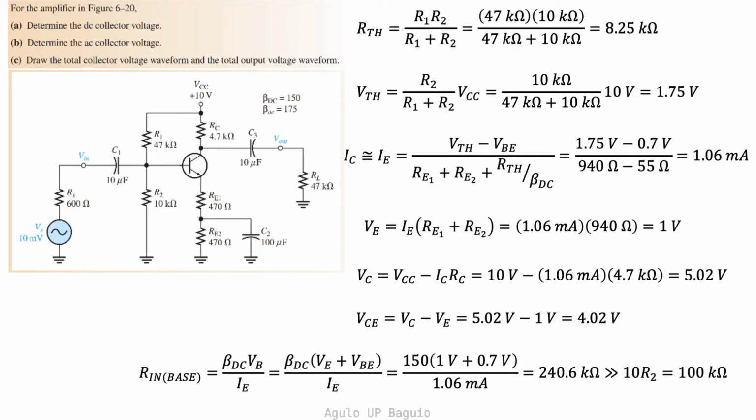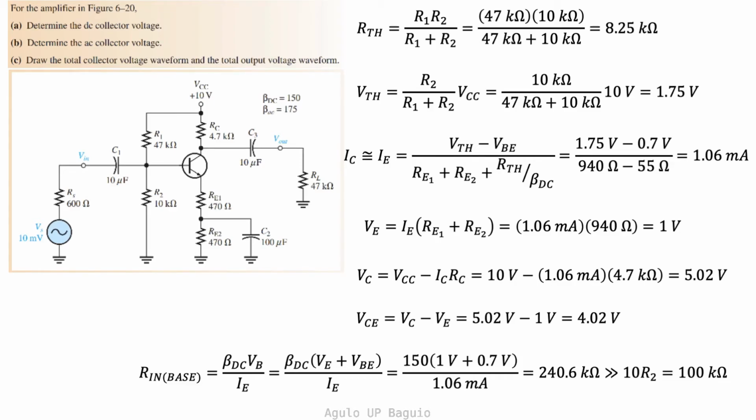We first solve for the Thevenin resistance. And using the equation, we get 8.25 kilo ohms. We then solve for the Thevenin voltage and we get 1.75 volts. The emitter current is obtained using this expression and is equal to 1.06 milliamperes. Since the emitter current and the collector current are approximately equal, the collector current is also 1.06 milliamperes.